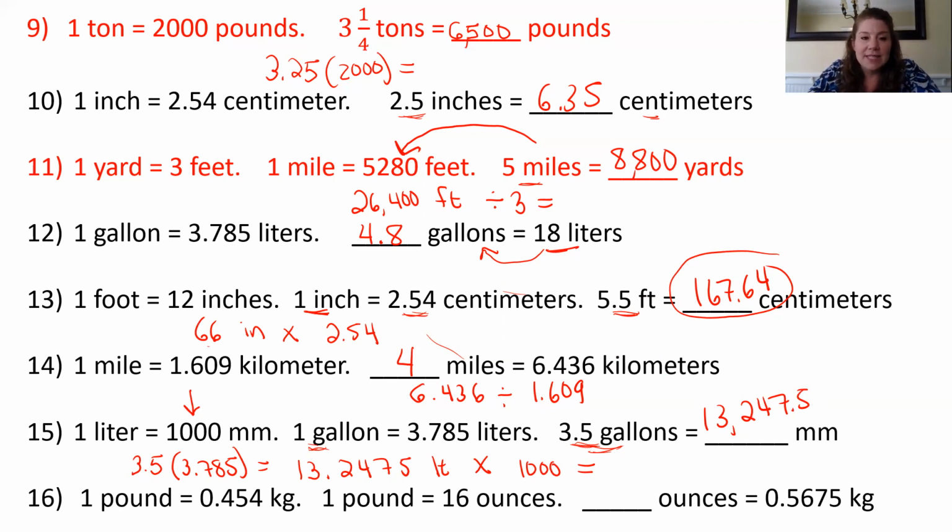All right, last one on this section, number 16. 1 pound is about 0.5 kilograms. 1 pound is also 16 ounces. Blank ounces equals 0.5675 kilograms.